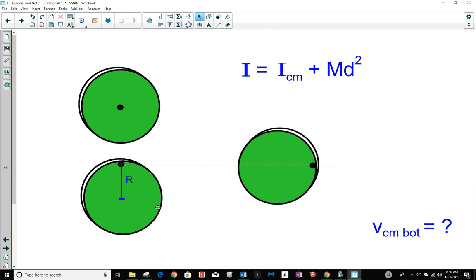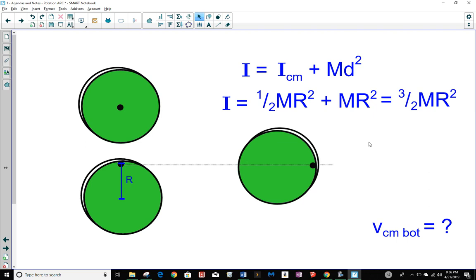Here I made life easier. I offset it by r, so it gives us a moment of inertia that we can express in m's and r's only: 1/2 mr squared plus another mr squared, and that equals 3/2 mr squared. So that's the moment of inertia we'll go forward with.